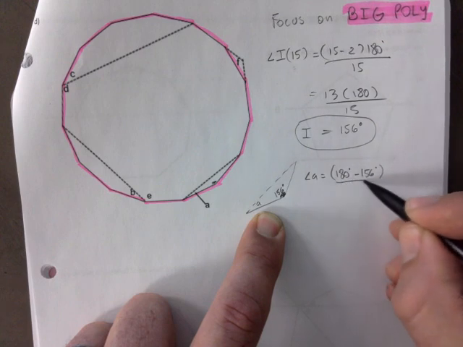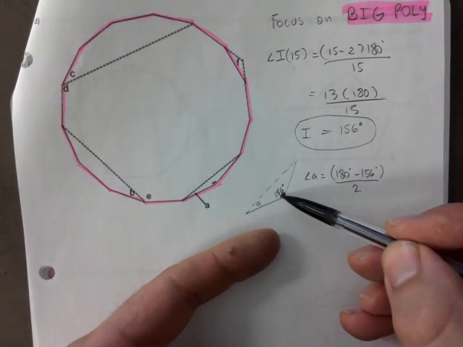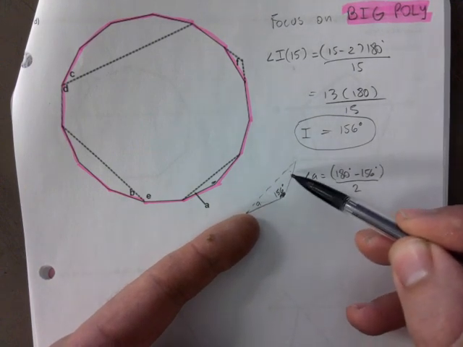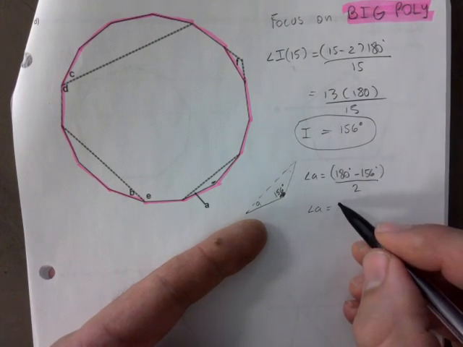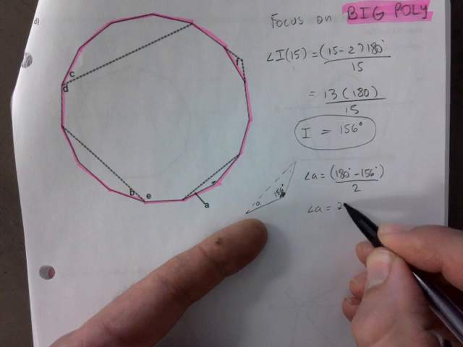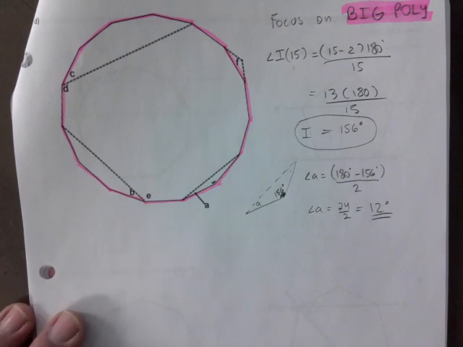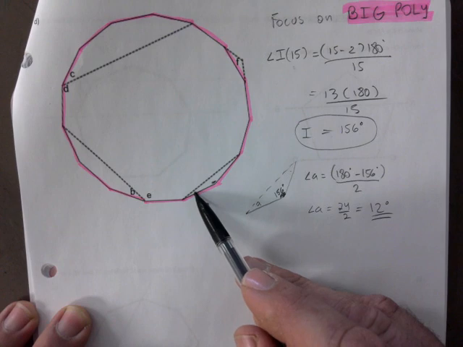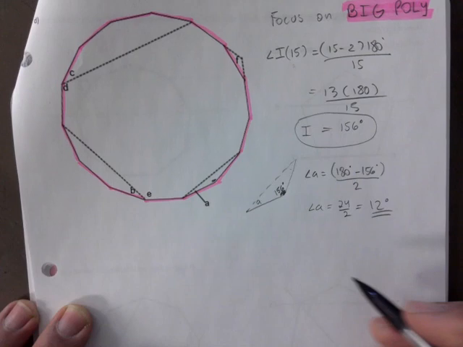Make sure you don't forget to either hit equals or do brackets, right? Use brackets. And so when you take the 156 away, you need to split what is remaining in half because we know that both of these are actually the same. So what is that? That is 24 divided by 2, which ends up being 12 degrees, right? So there you have A is 12 degrees. This in particular is 12, but we also know that that is 12. Okay, so much fun, eh?